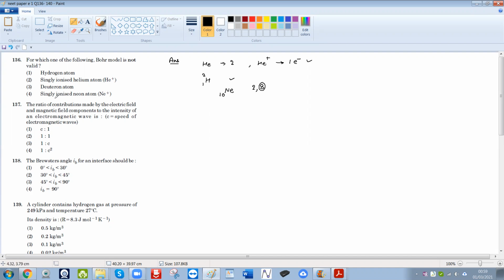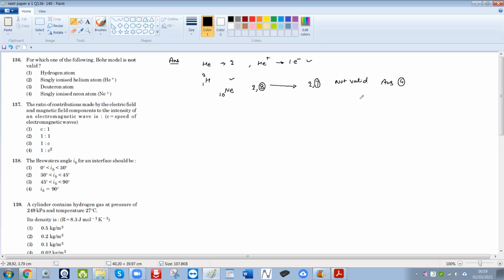So if we obtain a singly ionized neon atom, it will be having 7 electrons in its valence shell. Hence, Bohr model is not valid for this ion. So our answer for question number 136 should be 4th option.